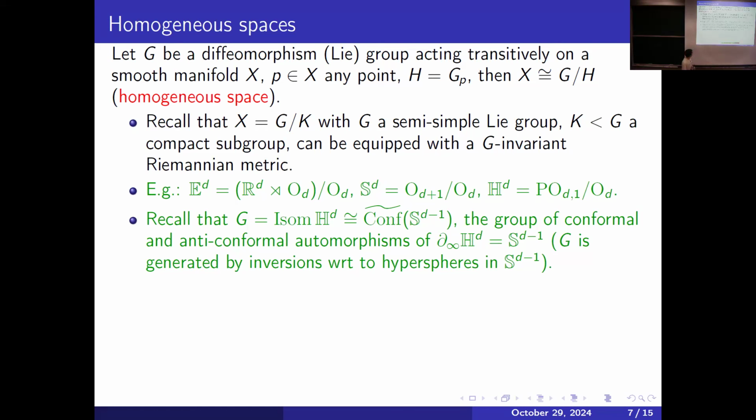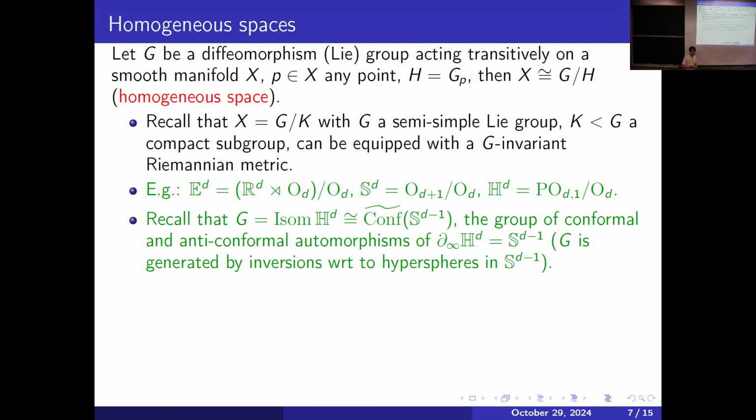So then this isometry group can be identified with the extended conformal group. Extended means that it contains both conformal and anti-conformal maps. So our inversions with respect to hyperspheres are actually anti-conformal maps, right?